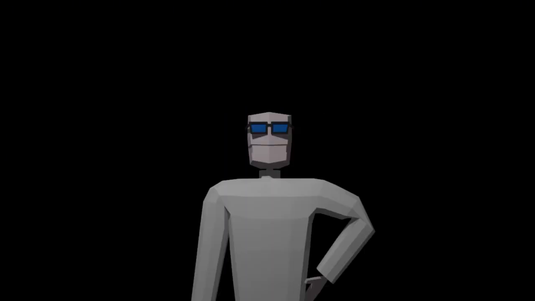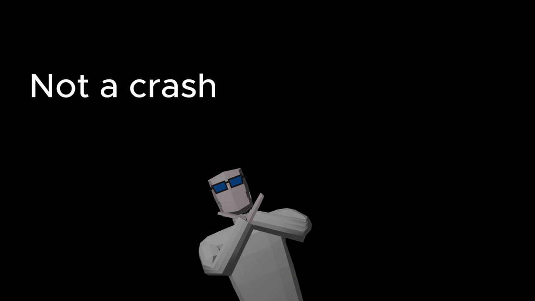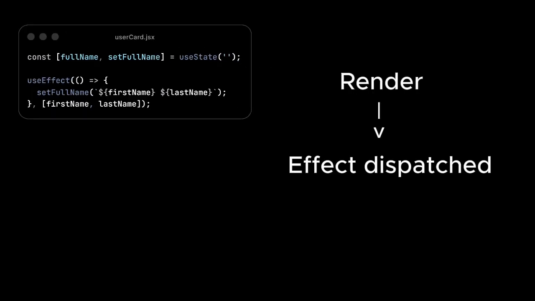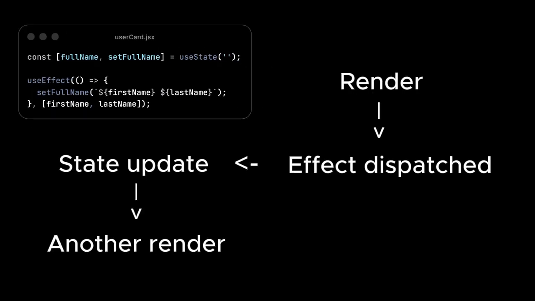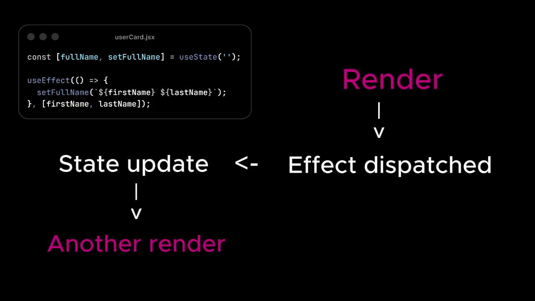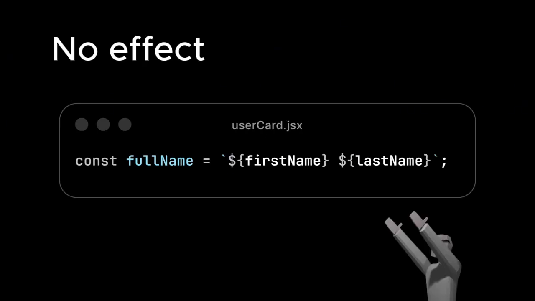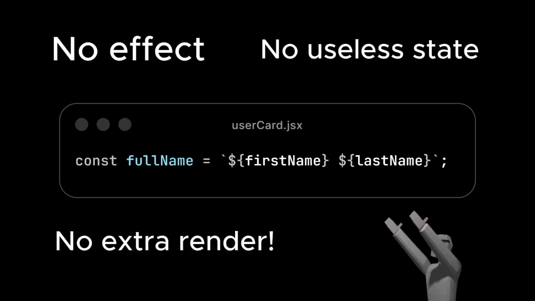This one isn't a crash, and it's not even an infinite loop. It's just unnecessary. What's happening here? Render, effect fires, state updates, another render. 2 renders for something that could be 1 line. Done. No effect. No extra state. No extra render.